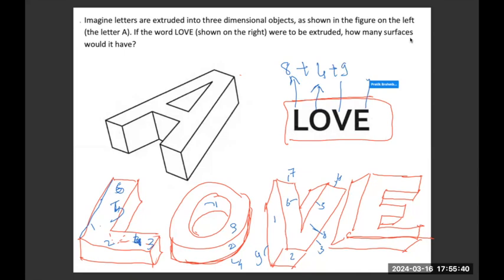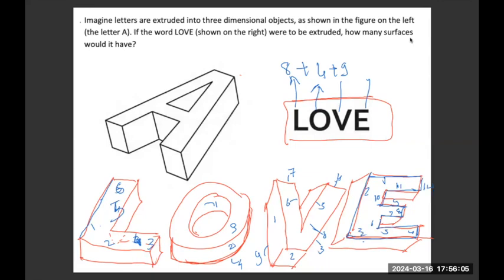E. 1, 2, 3. I'm just counting the vertical ones, okay? That's why I'm writing it here. 4, 5, 6, 7, 8, 9, 10, 11, 12. So 12 vertical surfaces.